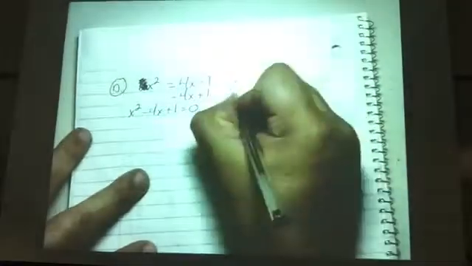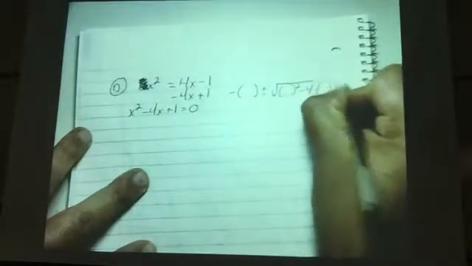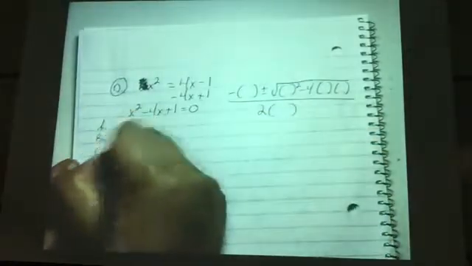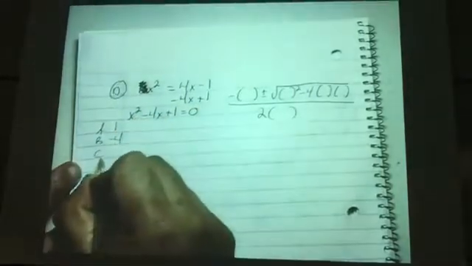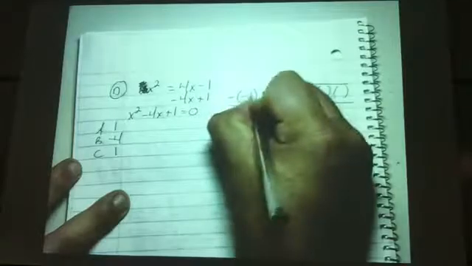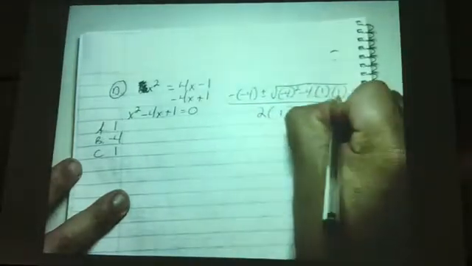We do our quadratic formula. We do our ABC. A equals 1. B equals negative 4. C equals 1. Plug in your alphabet. We have negative negative 4, plus or minus the square root of negative 4 squared minus 4 times 1 times 1, all over 2 times 1.